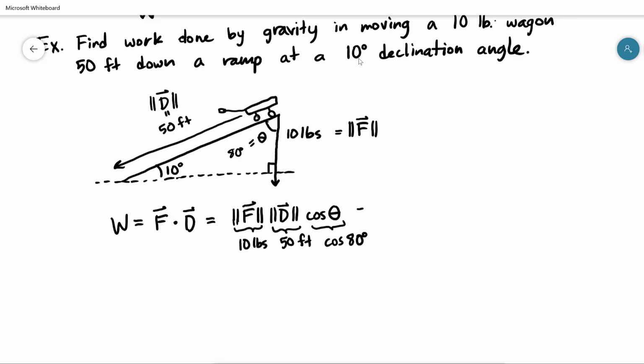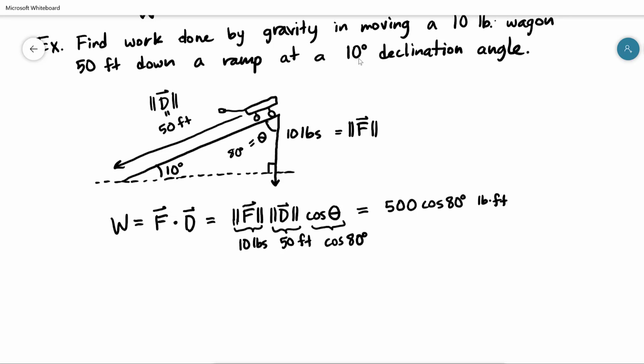And so what we get out of this, multiplying those numbers, is the constants out front, 10 times 50. I'll get 500 times the cosine of 80 degrees with units of pound feet. And those are the units of work in this case.